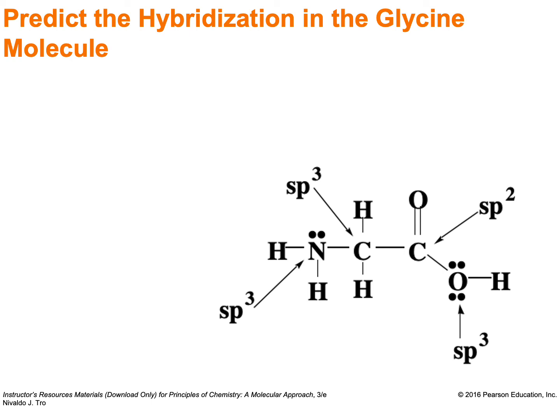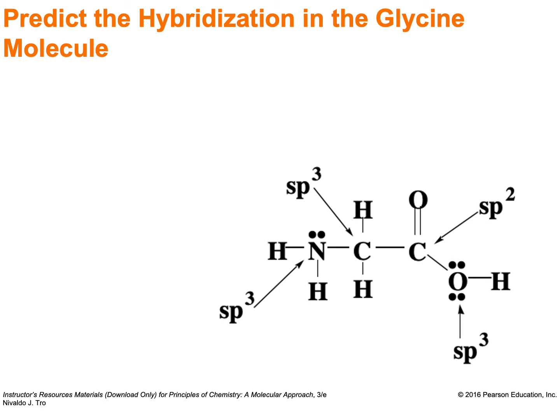sp3 is also the electron pair geometry associated around the central atom oxygen. Even though there are 2 lone pairs and 2 bonding pairs causing the molecular geometry to be bent, we know that the electron pair geometry, not the molecular geometry, is tetrahedral, the same as the nitrogen and the first carbon.